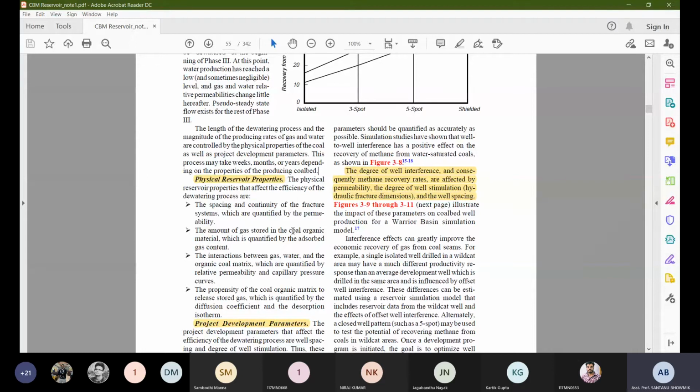Now, if a coal block is confined or not confined, will the strength be the same or not? Can anybody tell me whether a similar rock body will show the same strength magnitude in a confined or an unconfined position?